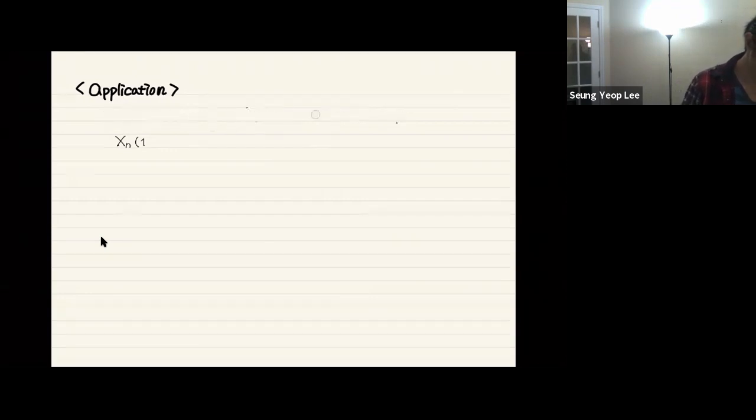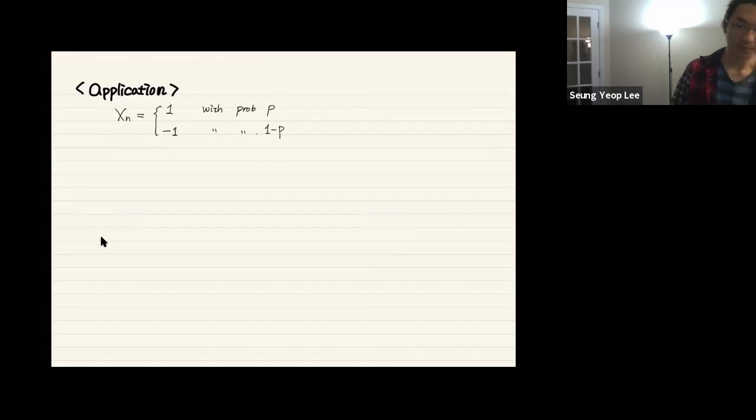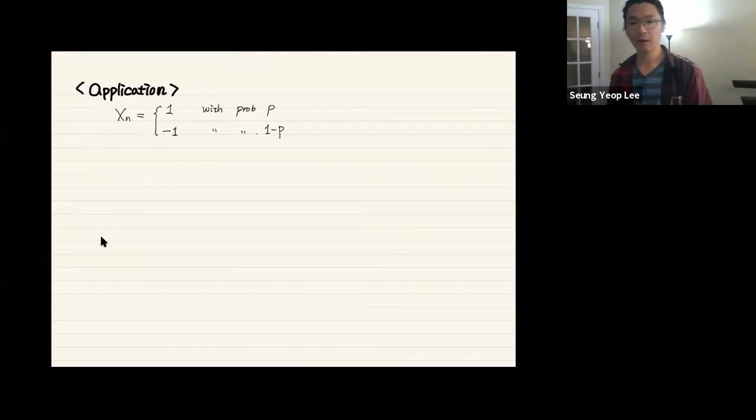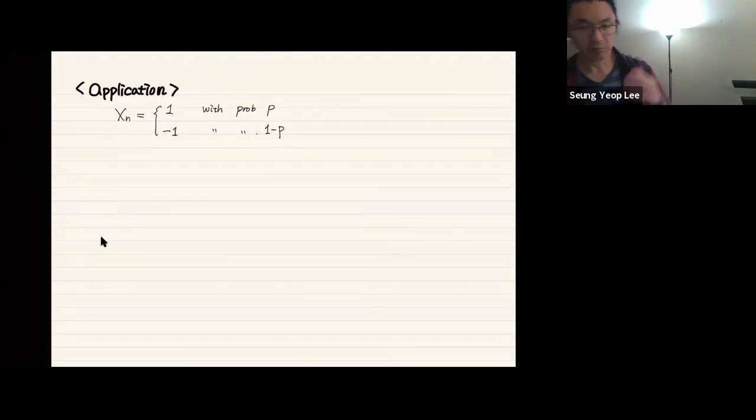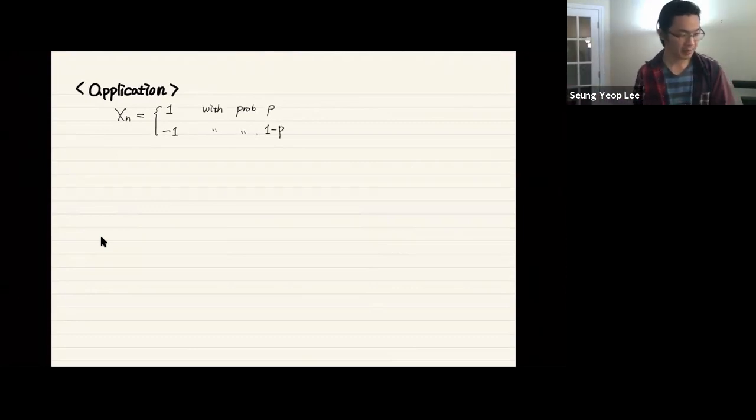So consider a random variable xn having the value 1 or -1, with probability p and with probability 1 minus p. They are identically distributed and independent.